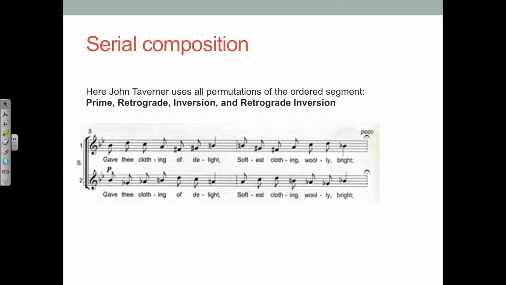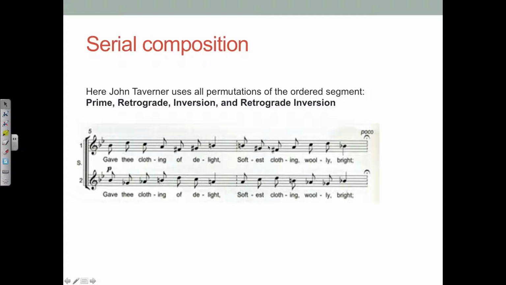We start with B flat, so this inverts on the B flat axis here. So up a major third here, B flat, down a major third here, down a major second here, up a major second, and so forth. So what's heard here is the inversion of the ordered intervals of our segment.